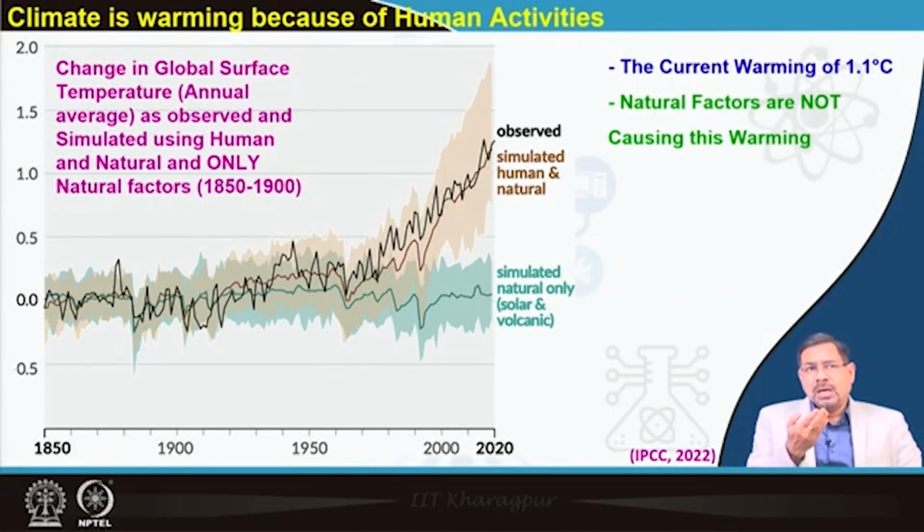So the pattern is almost comparable with respect to 1850 to 2020. It is very clearly evident that the current warming of 1.0 degree centigrade plus is mostly due to human or anthropogenic factors, not because of natural forces.